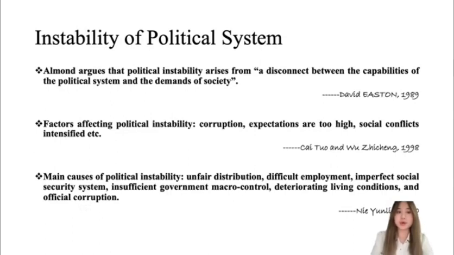So in this paper, according to previous research and definitions, we can get 4 hypotheses here. First, about instability of policy system. Main causes of policy instability are unfair distribution, difficult employment, imperfect social security system, official corruption, and so on.